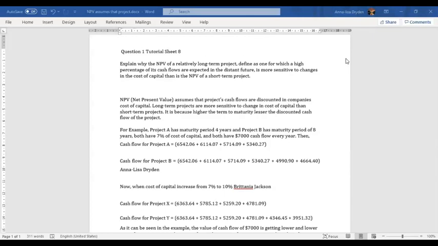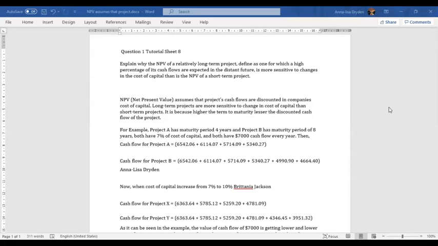The question is as follows. Explain why the NPV of the relatively long-term project, defined as one of which a high percentage of its cash flows are expected in the distant future, is more sensitive to change in the cost of capital than is the NPV of the short-term project.